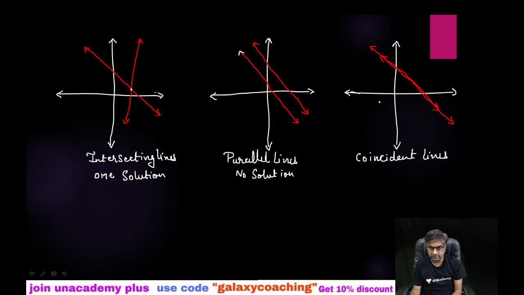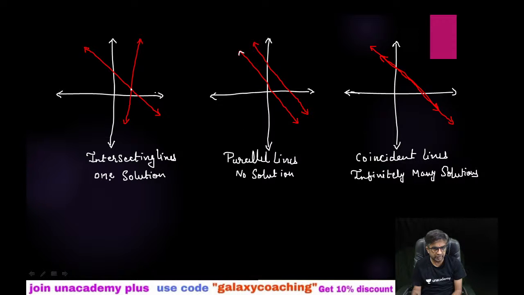And here the lines are coincident, so we will get infinitely many solutions. In the first condition, intersecting lines, one solution. Parallel lines, no solution. Coincident lines, infinitely many solutions, guys.